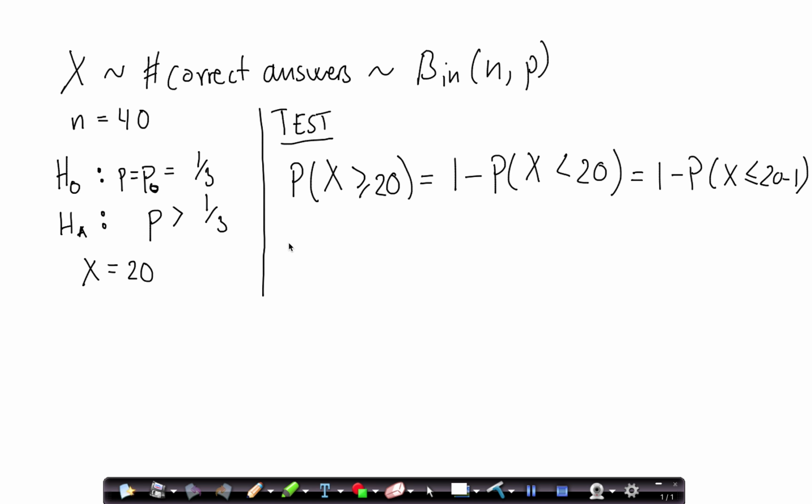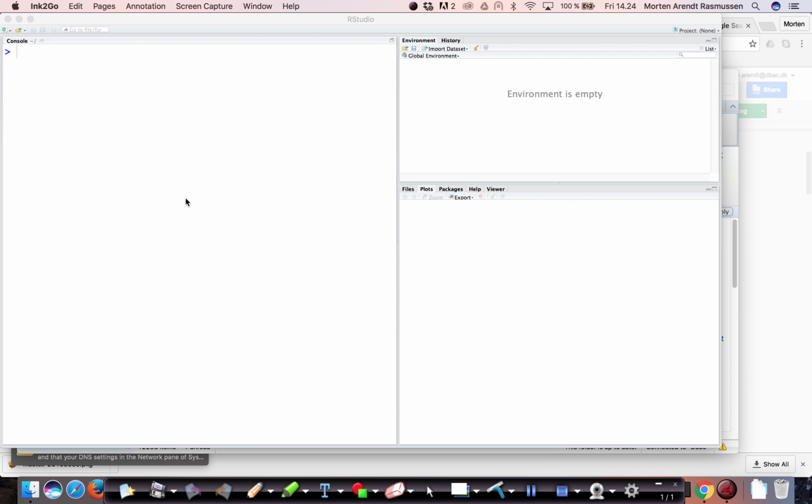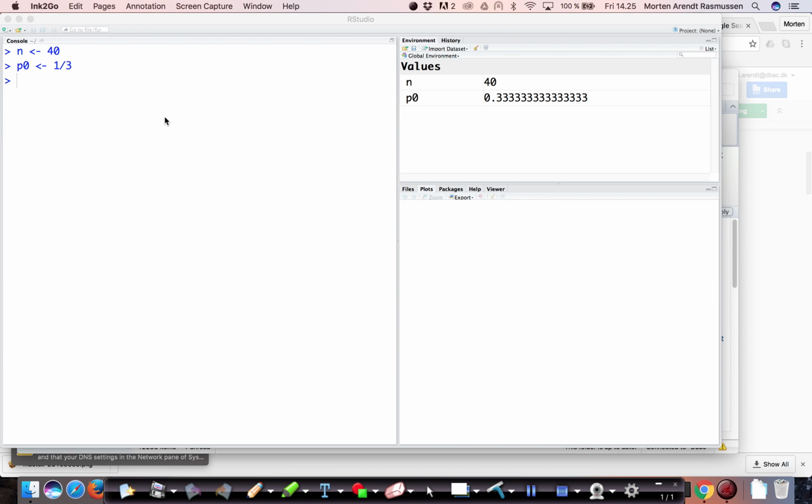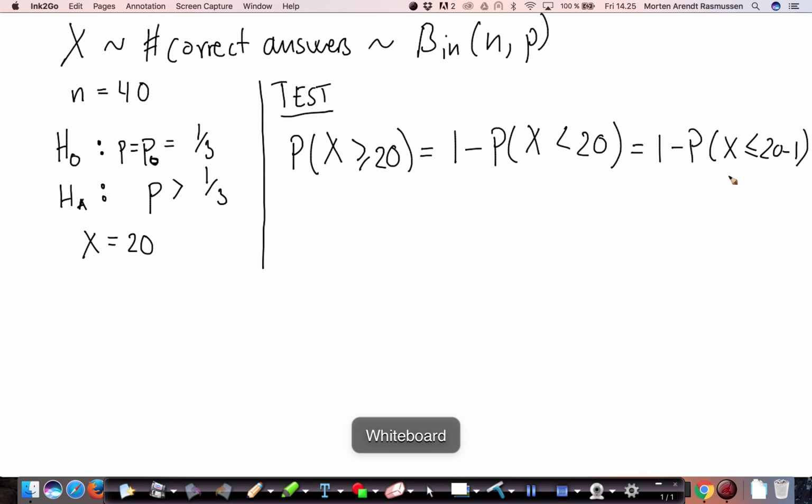So let's just go into R and see how this is done. First I define the input. In this case, n is equal to 40. The p0 is equal to 1/3. Now I wish to answer the question, which I have here: what is the probability of observing 20 or more samples being correct, which is the same as this expression over here.